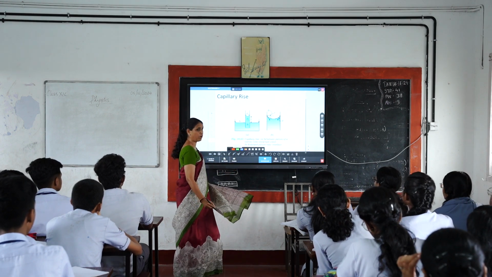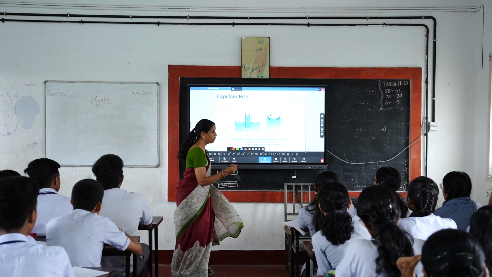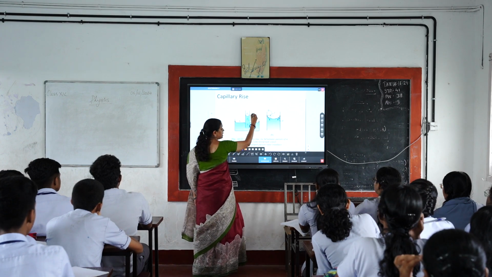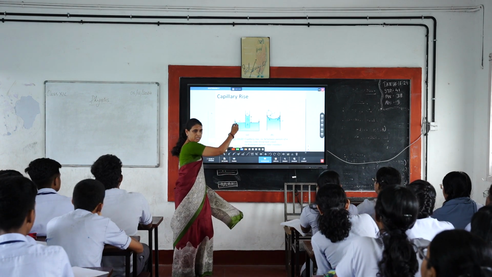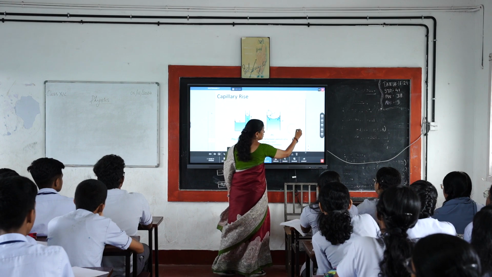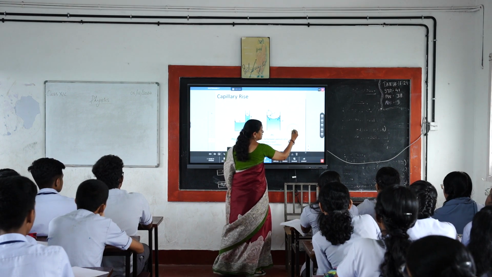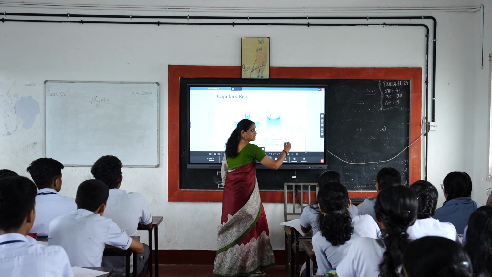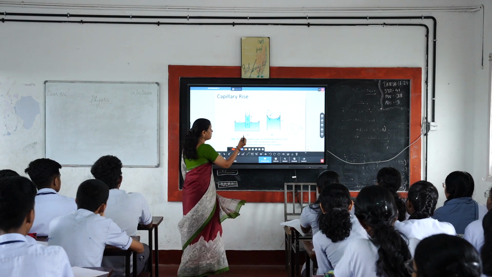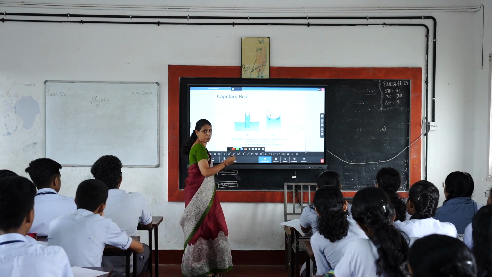Why is it written as PO? Because we are considering this as a drop. Then the pressure inside is Pi and the pressure outside is PO. That is why we write it as PO.